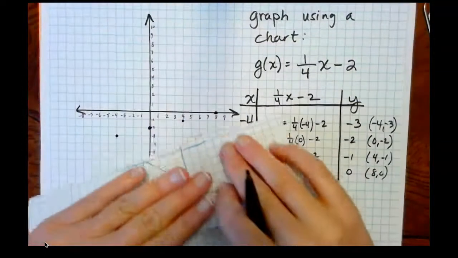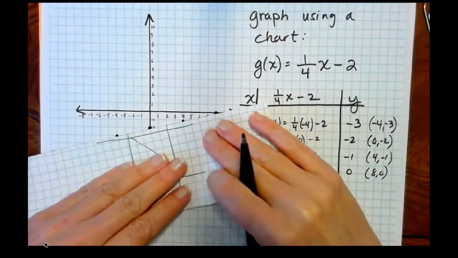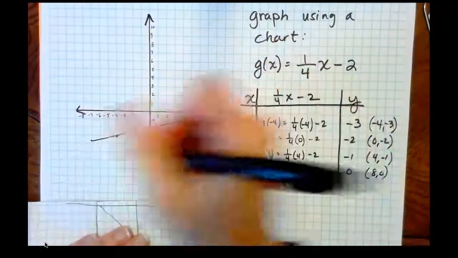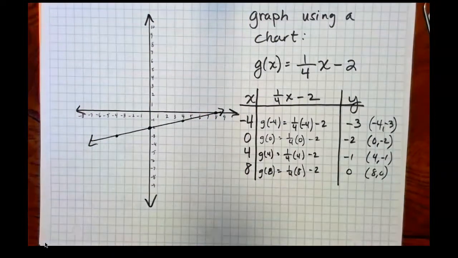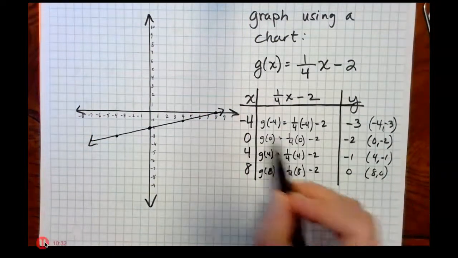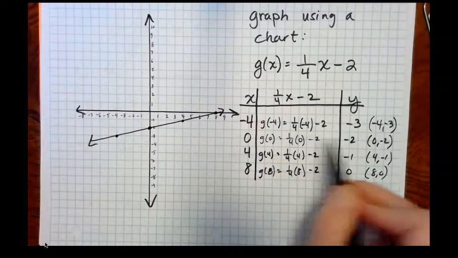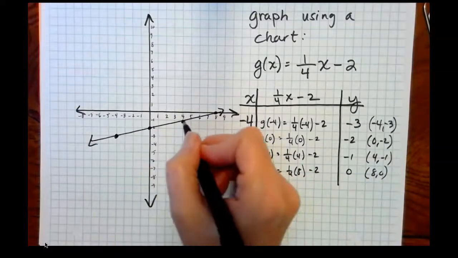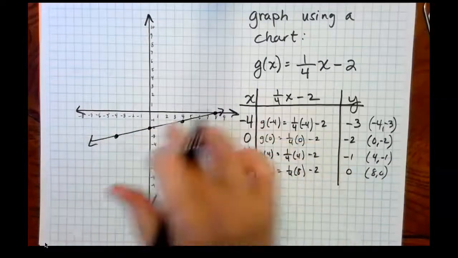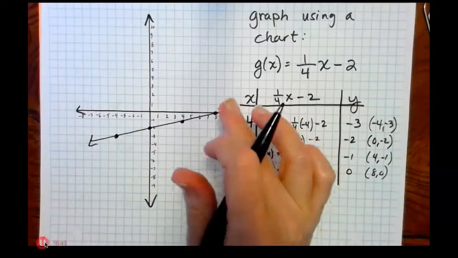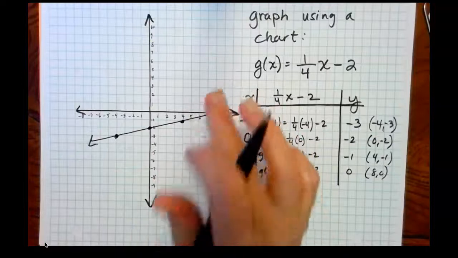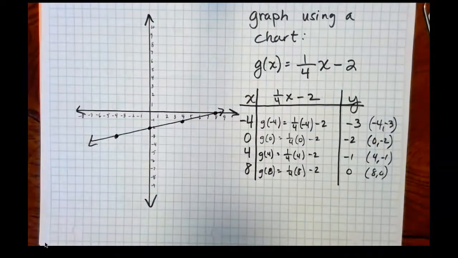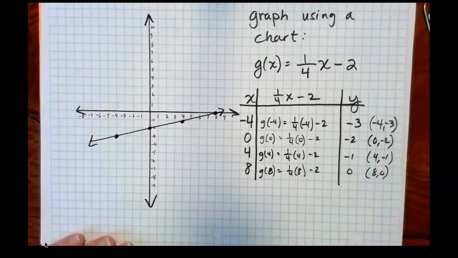So here is our graph of our function using the chart. And you can see this is a function because every input has exactly one output. And also remember, after we plot those points, we are going to connect them with a smooth, continuous line or curve. In this case, it is a line. And yes, this is a function.